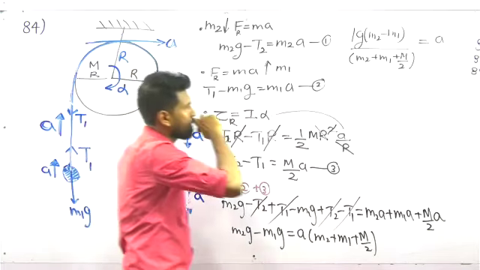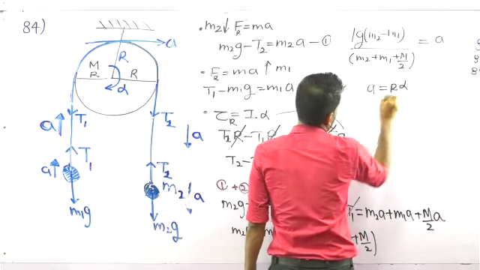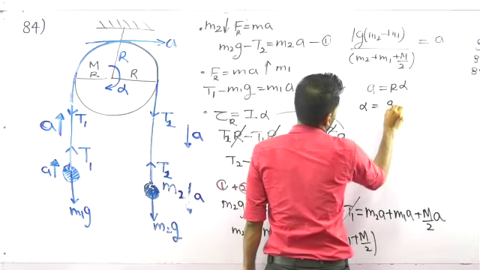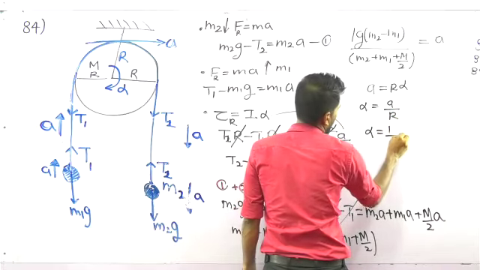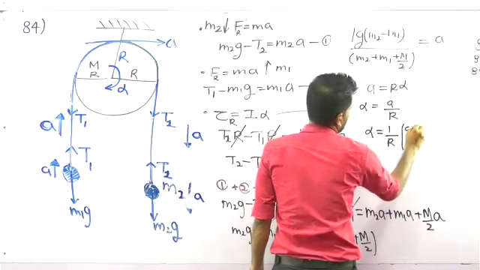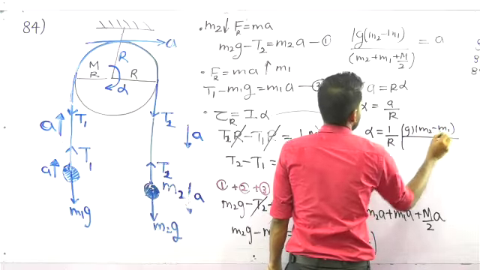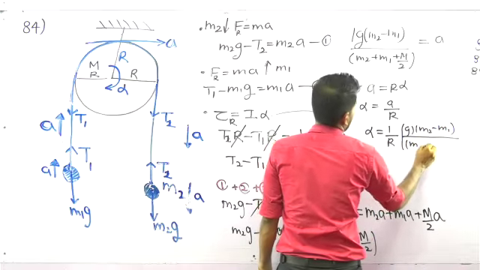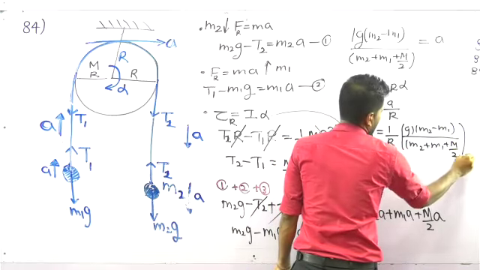You know the equation, a equals R alpha, so alpha equals a over R. So alpha equals 1 over R times a, which is g times M2 minus M1 over M2 plus M1 plus M over 2. You can simplify it more.